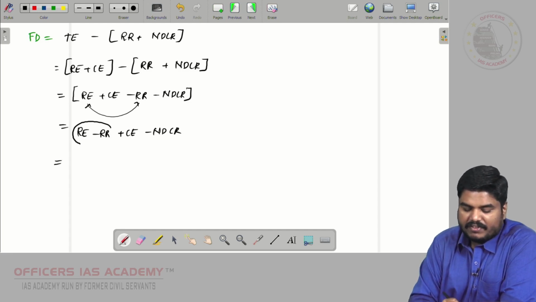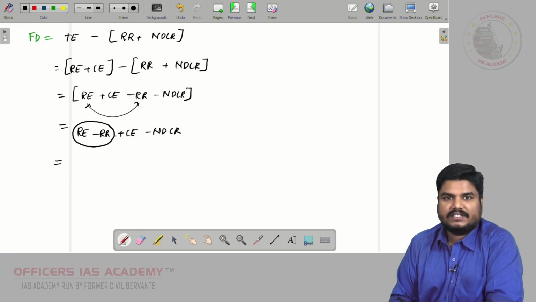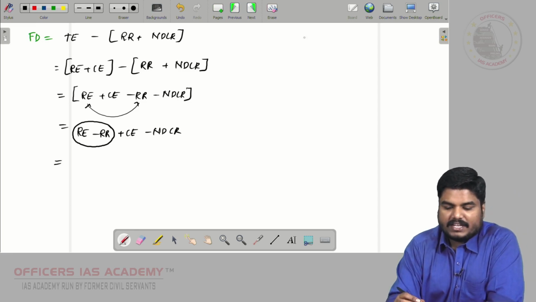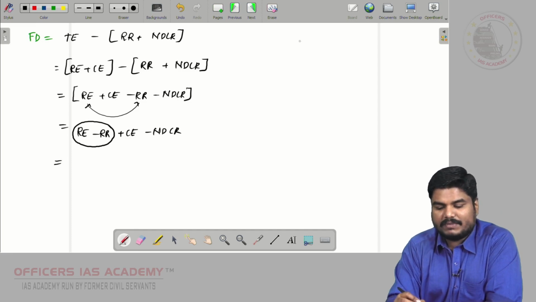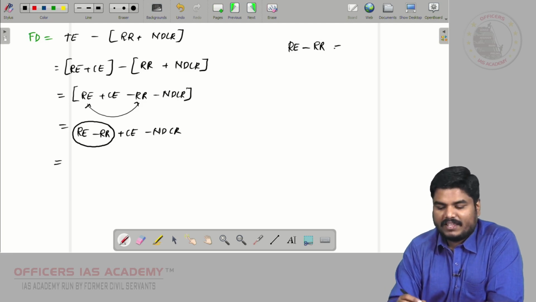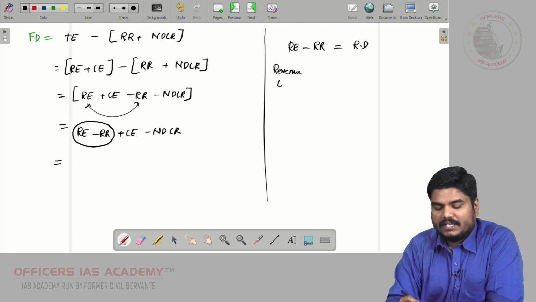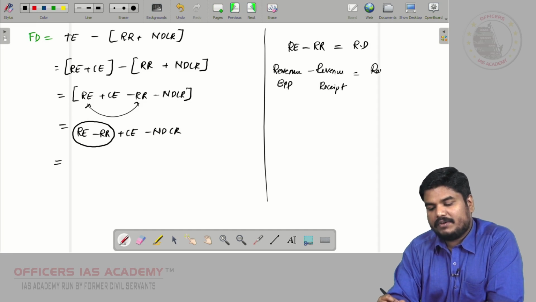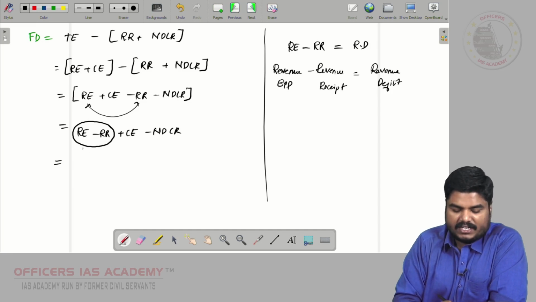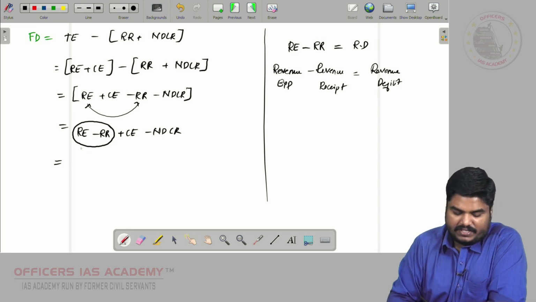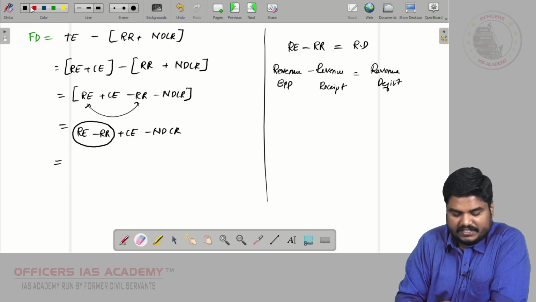So, instead of revenue expenditure minus revenue receipt, I can simply write it as revenue deficit. Revenue expenditure minus revenue receipt is nothing but revenue deficit, right? It is natural. So instead of this RE minus RR, I am using RD, revenue deficit.